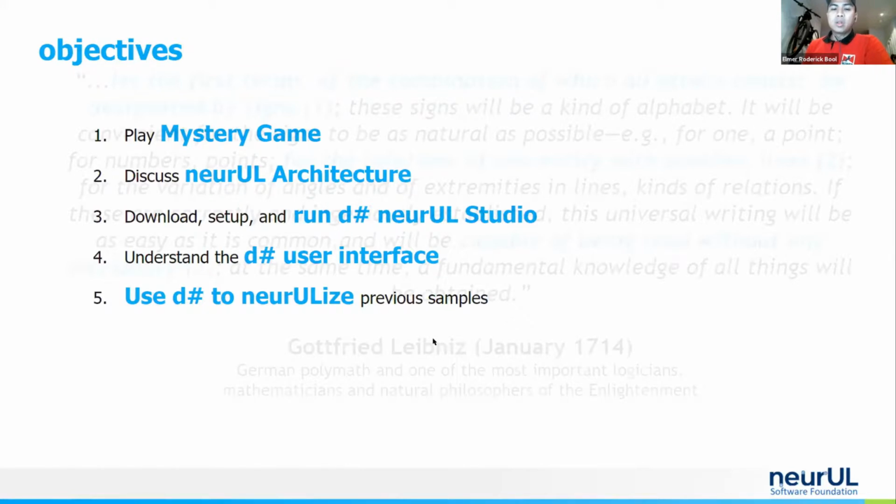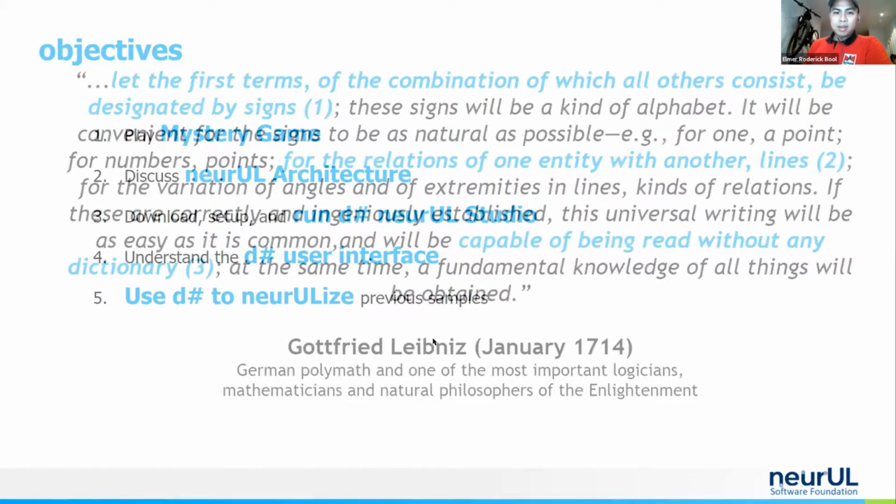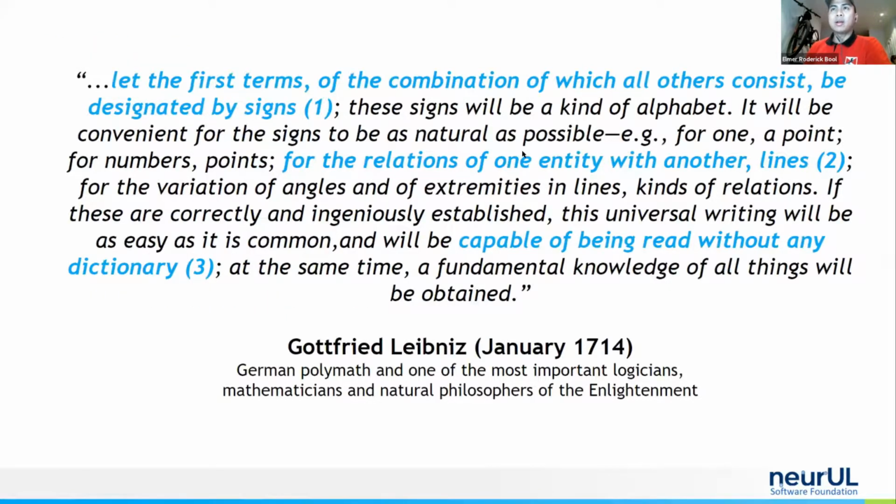Right. Before we begin, as part of our tradition, I'm showing you a very relevant quote from Gottfried Leibniz, a German polymath and one of the most important logicians, mathematicians, and natural philosophers of the Enlightenment.